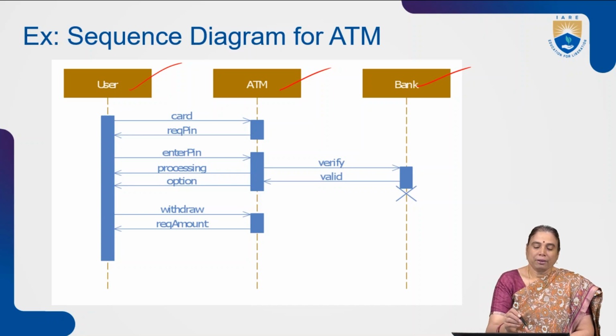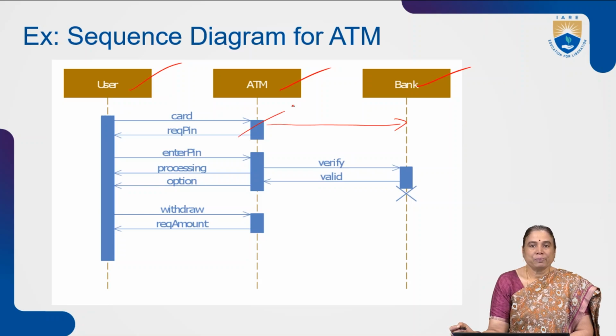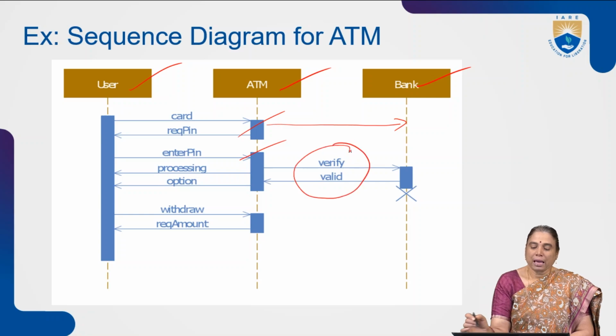Here the first activity, the user must insert a card in the ATM, and the customer must be checked by the bank, and a PIN request must be sent to the customer so that the customer can enter the PIN of the ATM card, so that the verification process can be carried out along with the bank.